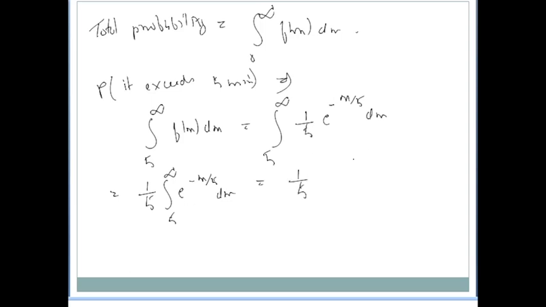Now the integration of e to the power minus x by 5 will be e to the power minus x by 5 divided by minus 1 by 5, so the minus will come out and it will be minus 5. This goes from 5 to infinity. So what will be its value?